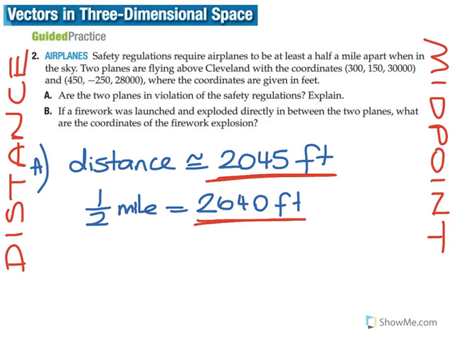Now, if a firework was launched and exploded directly in between the two planes, what are the coordinates of the firework explosion? So here we are going to try to find the midpoint of these two planes.